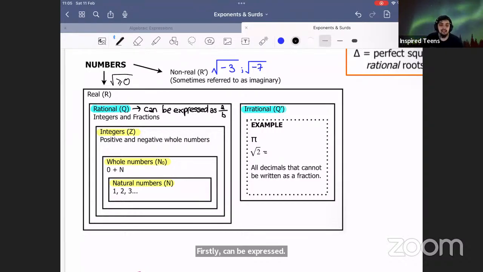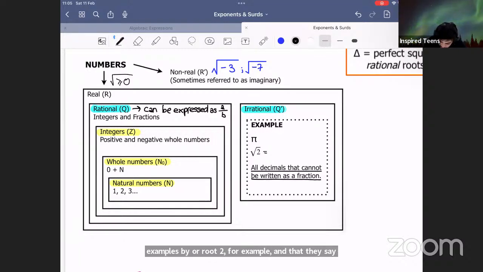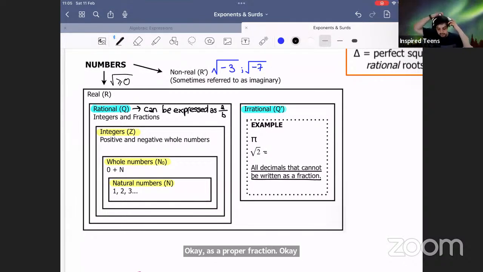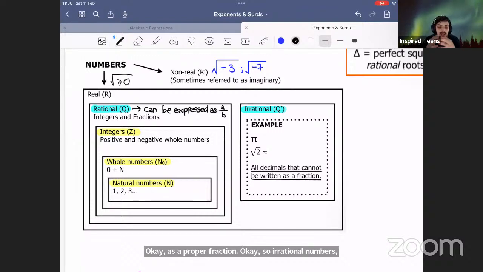For irrational numbers they give examples, pi or √2, and they say that these are all decimals that cannot be written as a proper fraction. The simple understanding is that an irrational number has an infinite amount of decimals.